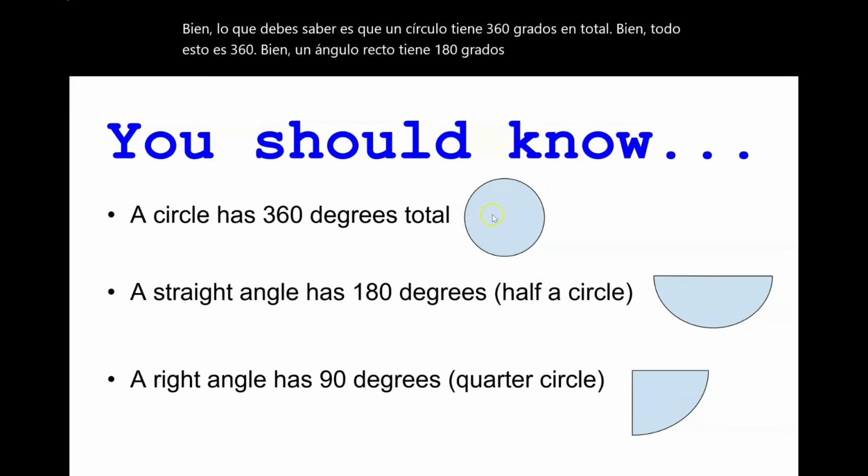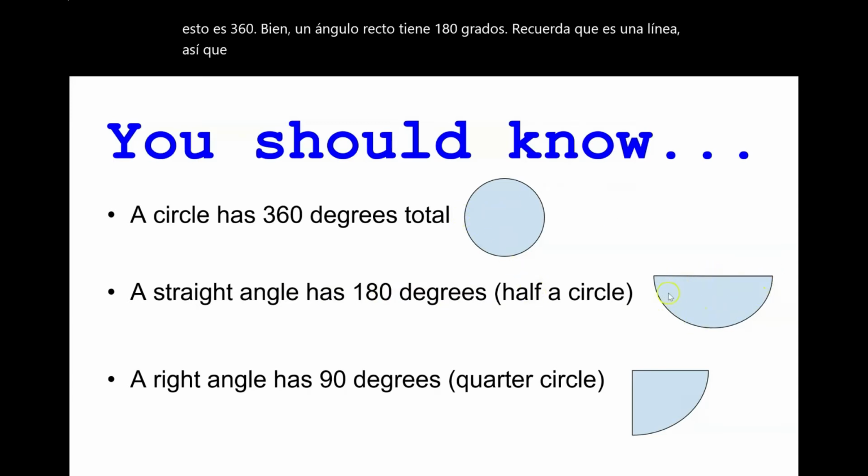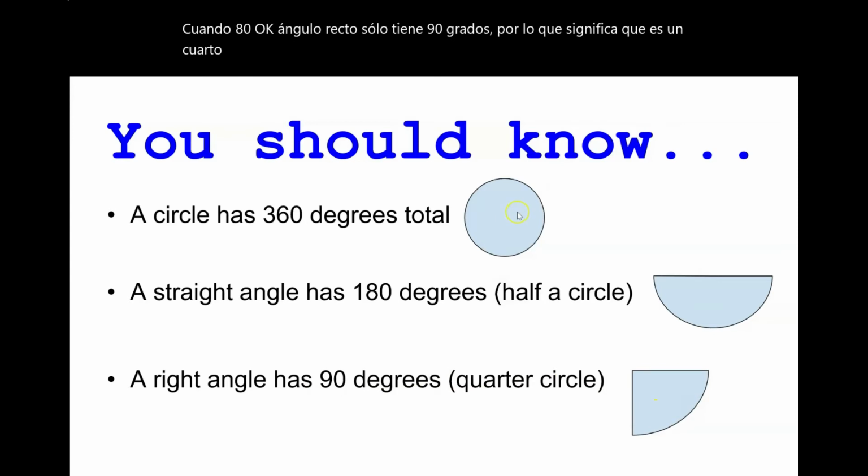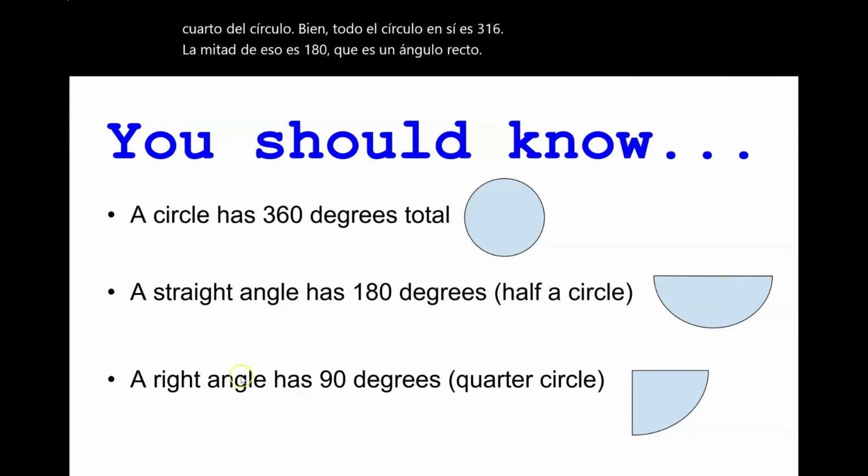So if that's a line, then that means that's half of the circle, which is 180, okay? A right angle only has 90 degrees, so that means that's a quarter of the circle, okay? So the whole circle itself is 360. Half of that is 180, which is a straight angle, and then half of that is a right angle, which is 90 degrees, okay?